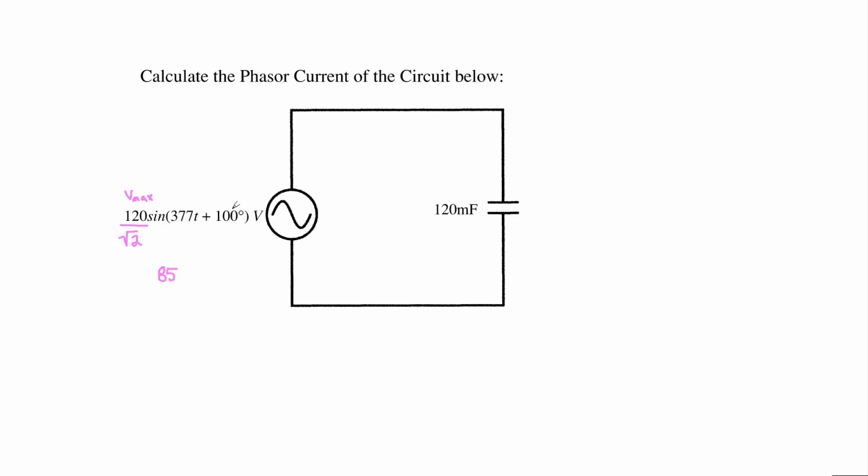Next, we will need to find our angle. This can be done by identifying the phase shift of our sinusoid. However, since this is not in our standard form of cosine, we will need to subtract 90 degrees to get our accurate phase angle of 10 degrees.